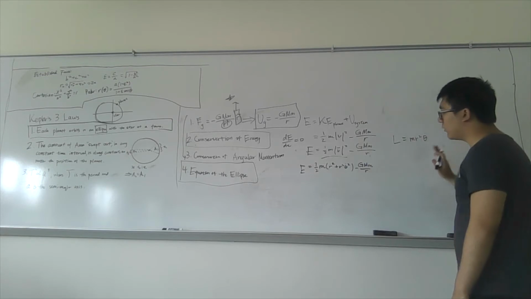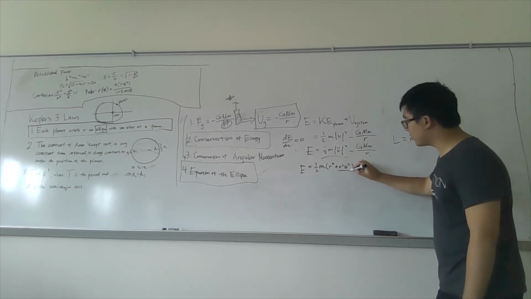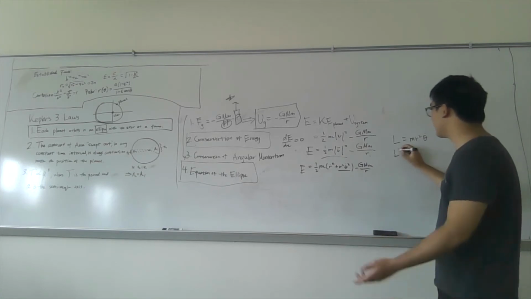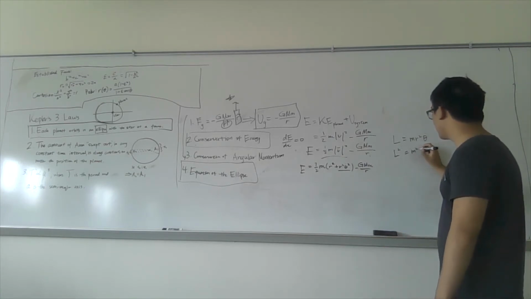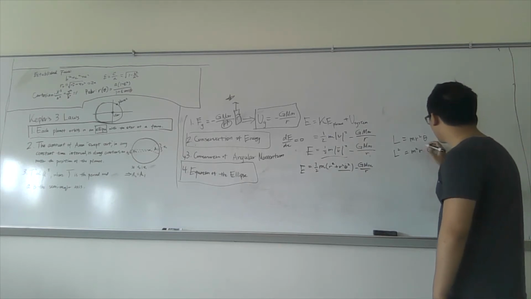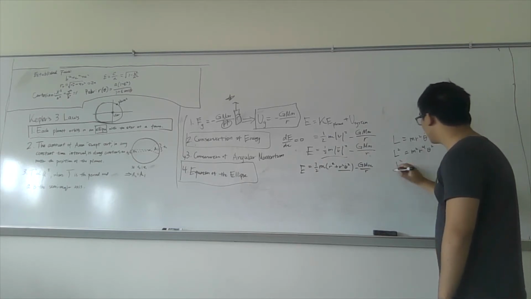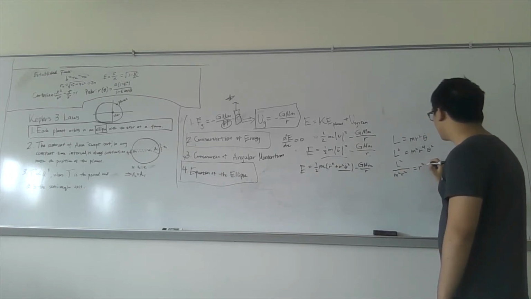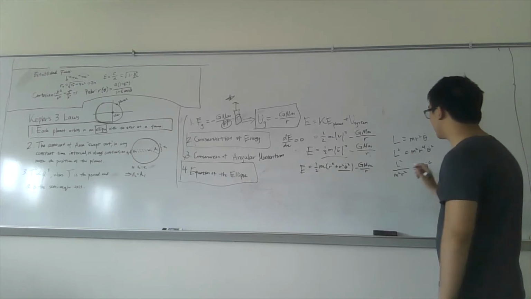Using this form, we can already rewrite this term in terms of a constant. And you'll notice how if we just square angular momentum, we get this. We can rewrite it, we can isolate this to get that.